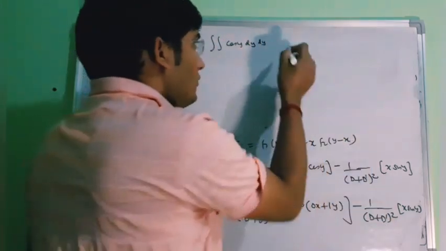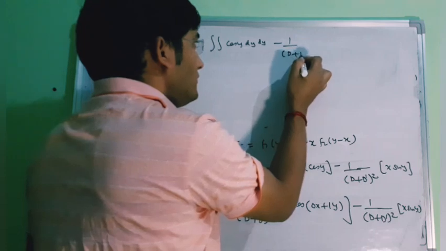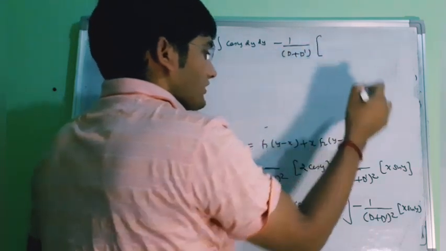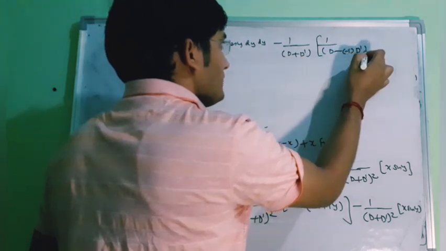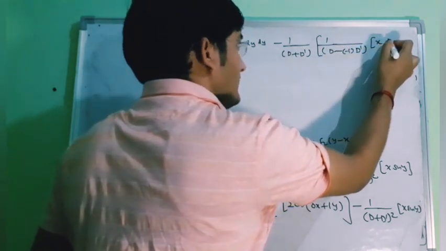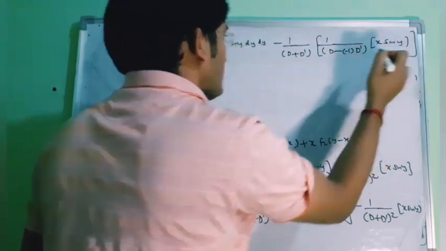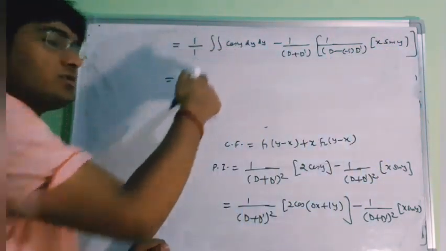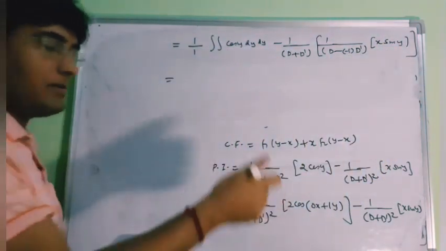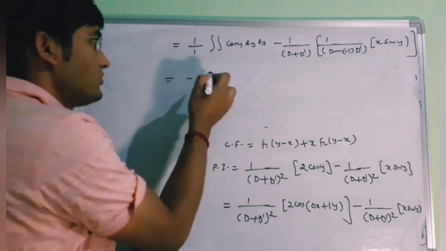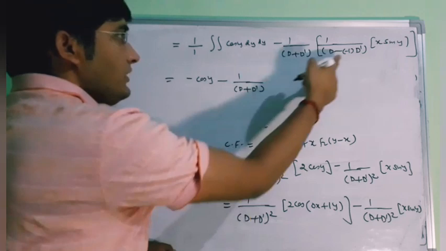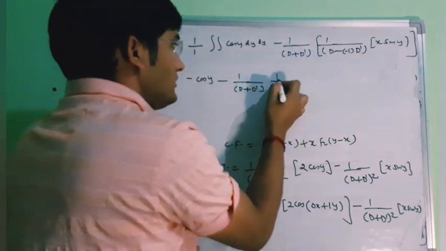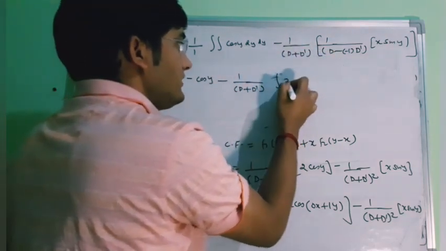Now here we will use the general rule of integration. For that, this bracket can be written as d minus minus 1 d dash of x cos x sin y. Now in one time integration of cos y will be sin y, then we will have minus cos y. So this is your minus cos y, and here we can see that this is equal to integration x.